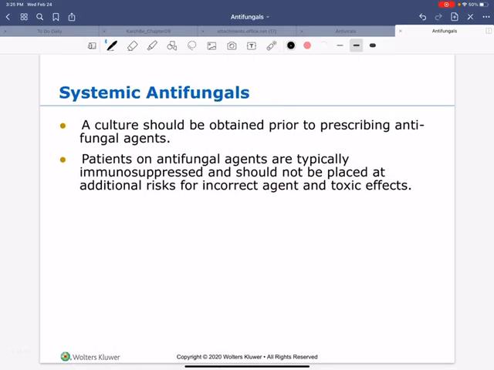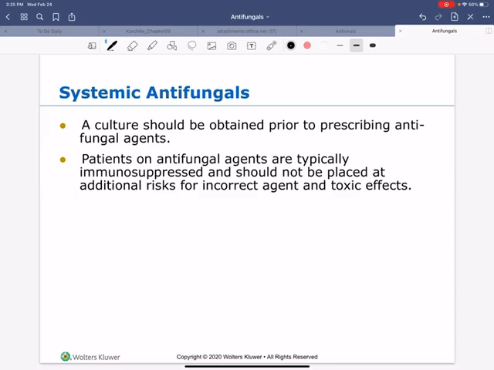So there are systemic antifungals, which we'll talk about first. Usually with the systemic, I'm thinking more of severe systemic things like a fungal pneumonia, but you can also have fungus in the entire GI tract.